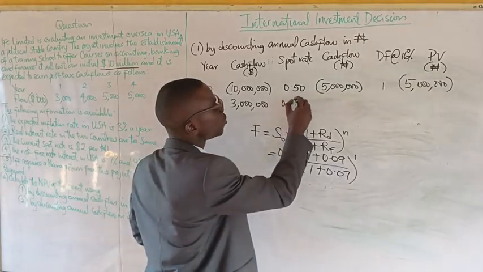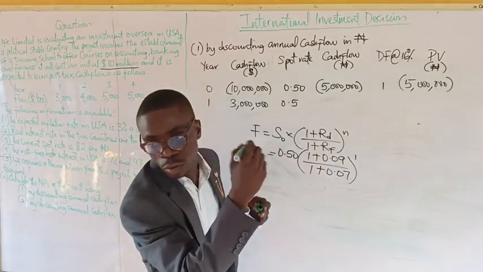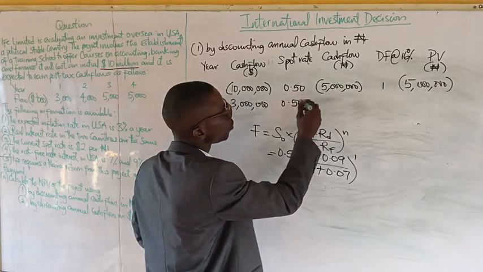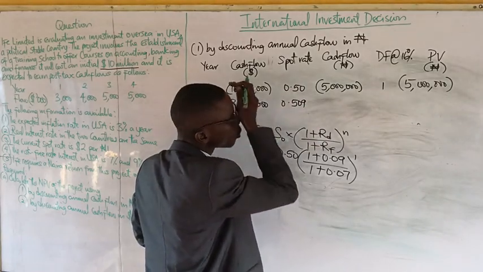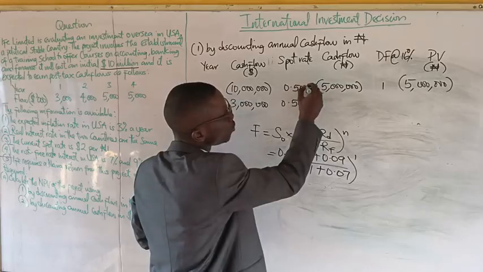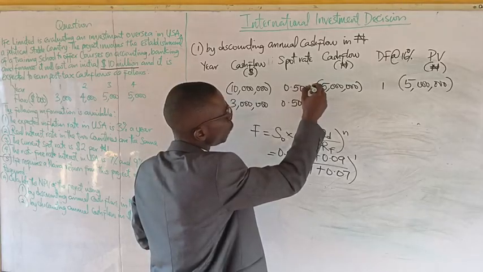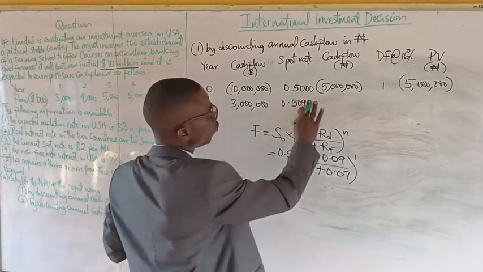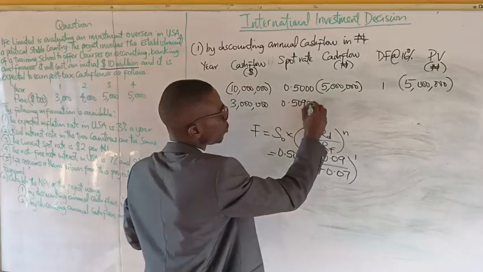It is 0.509, or let's make it 4 decimal places. This will be 3, right? I think so.